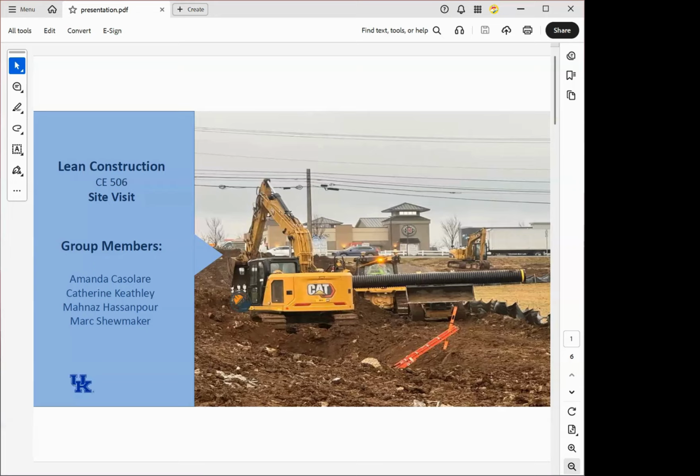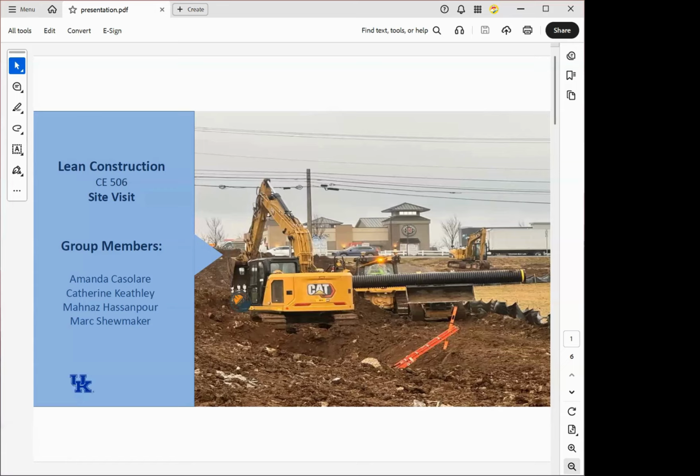And I think that their intention had been just to work on digging their trench in preparation for pipe installation. And they actually ended up getting a length of pipe installed within the hour that we were there. So they actually ended up digging about a foot long trench and then getting a portion of pipe installed.